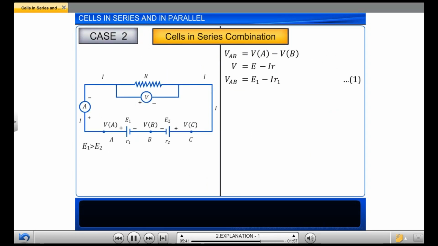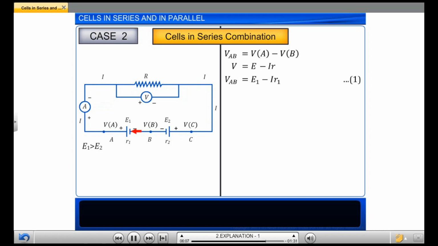We will now proceed with the derivation just as in case 1. As E1 is greater than E2, current I leaves the positive terminal of the first cell, goes through the external circuit and moves from the positive terminal of the second cell to its negative terminal and finally reaches the negative terminal of the first cell.